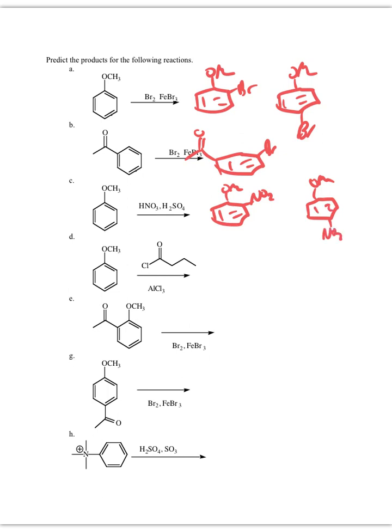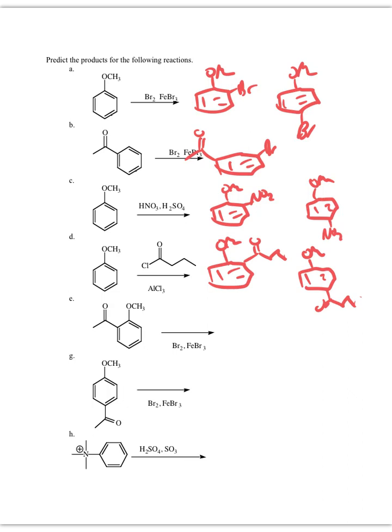Then the next one is 1, 2, 3, 4. Got an extra carbon on there. Sorry. Makes the ketone, 2 products. You have to show them both. Ortho and para.